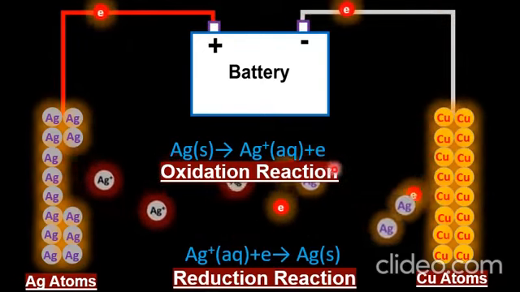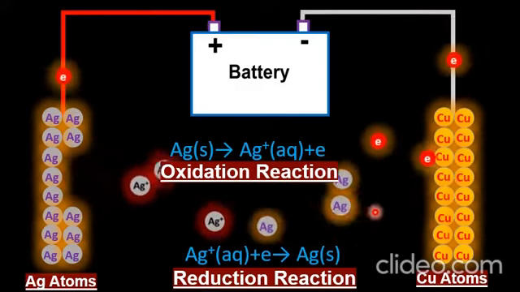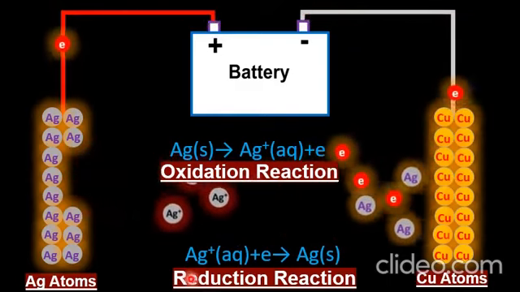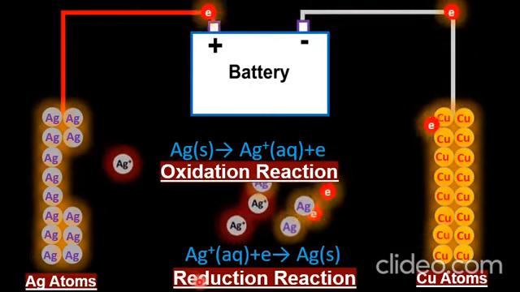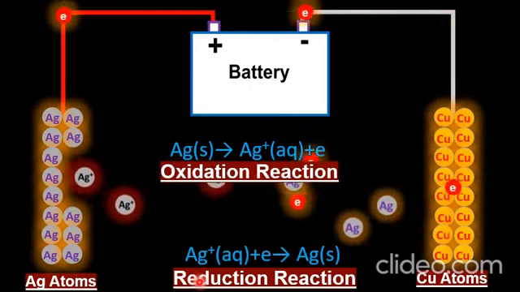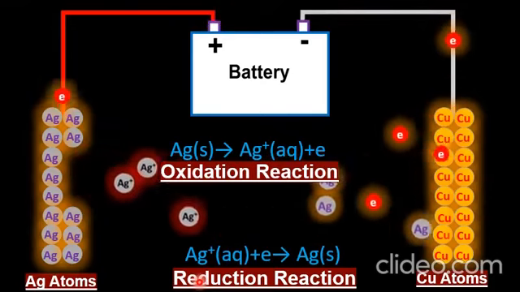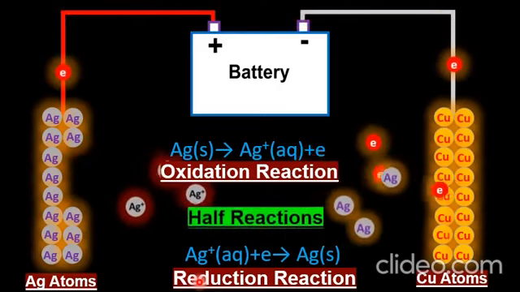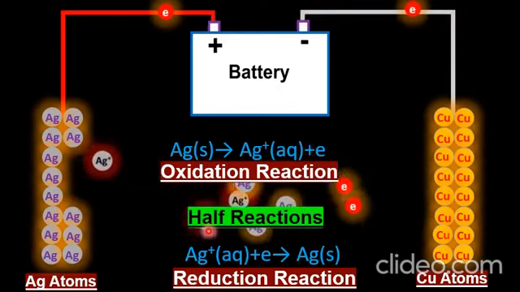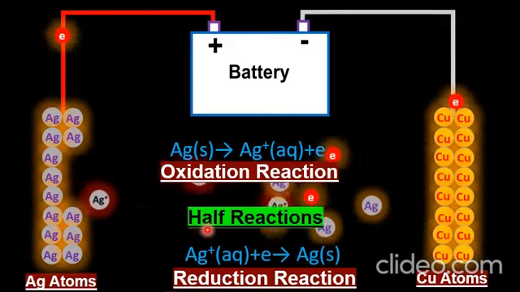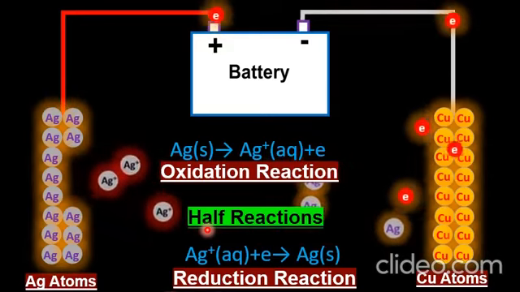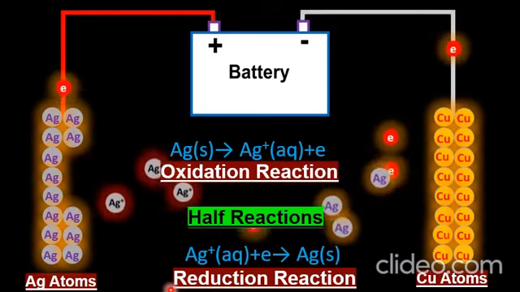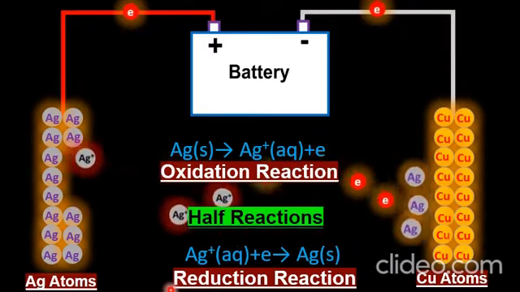Both the oxidation reaction and the reduction reaction are known as half reactions. Why are they known as half reactions? Because each of them tells us only half of the story of the oxidation reduction process.